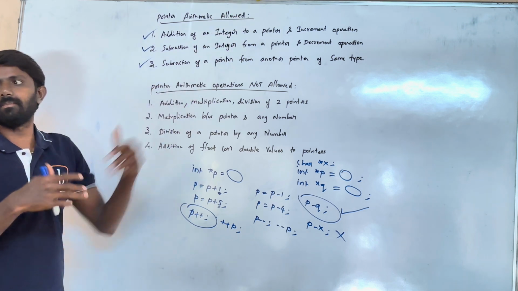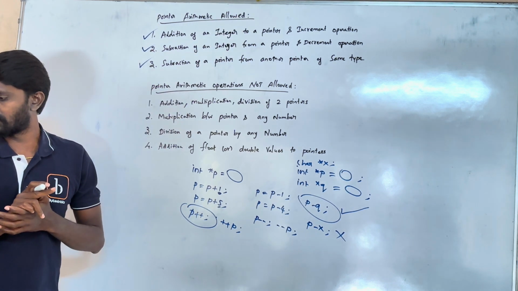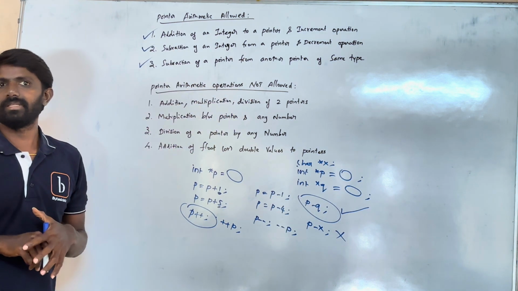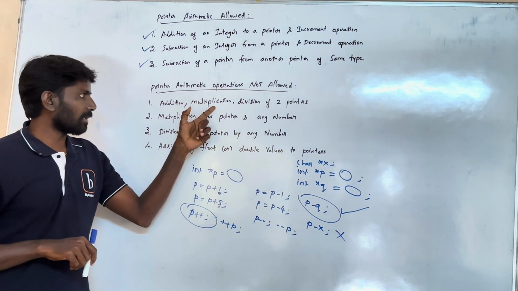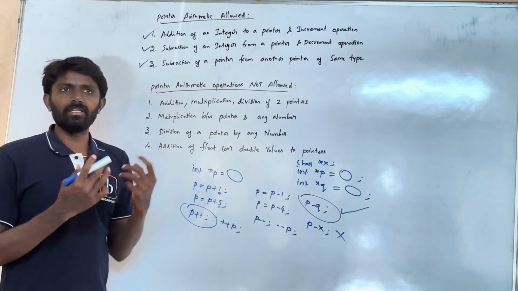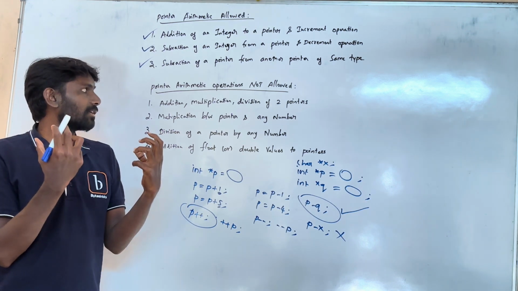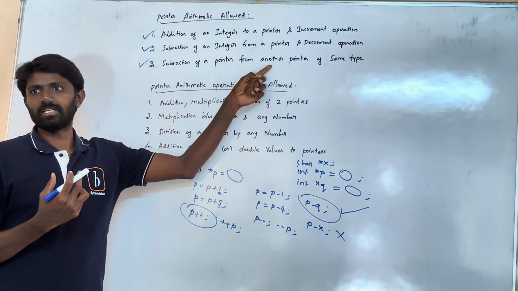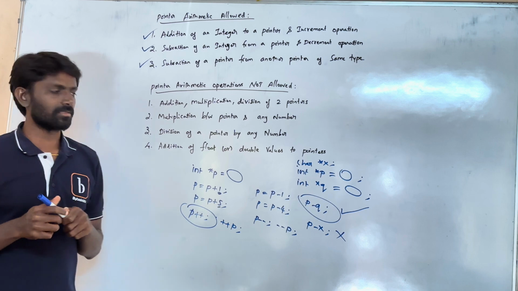For normal variables, as we have seen in the beginning class, almost all are possible. What is strictly not allowed in the case of pointers? Addition, multiplication, division of 2 pointers. You cannot add 2 pointers, multiply, or divide. You can subtract, that is possible.